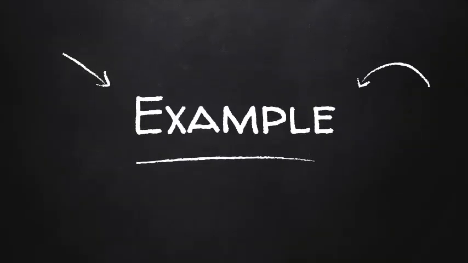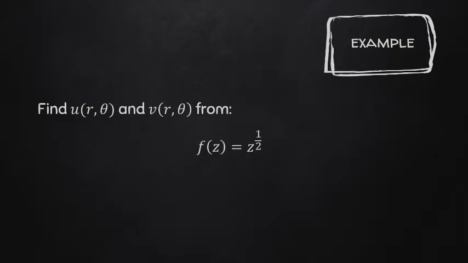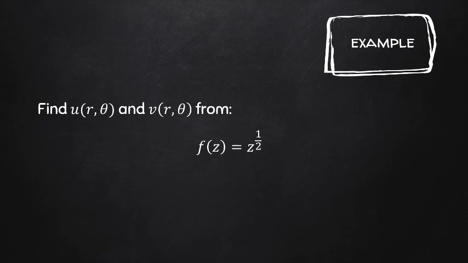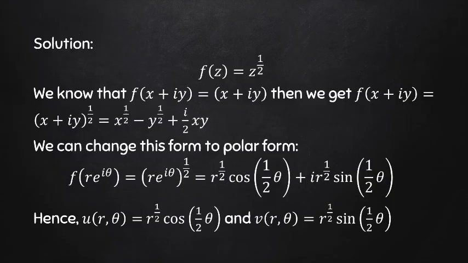And then the example of a function of a complex variable. Find u(r, theta) and v(r, theta) from f(z) equals z to the power of a half. The solution: we know that f(x plus iy) equals (x plus iy).